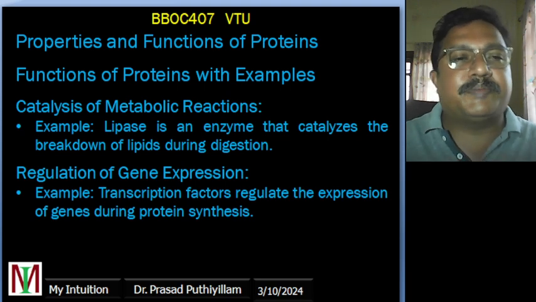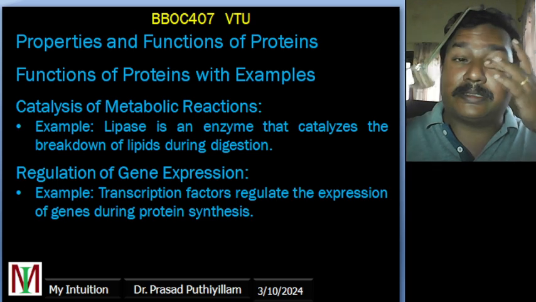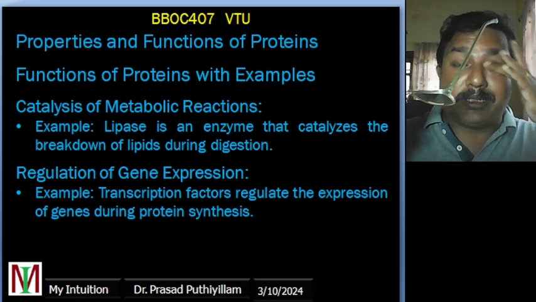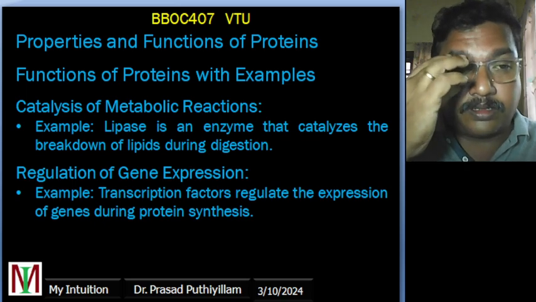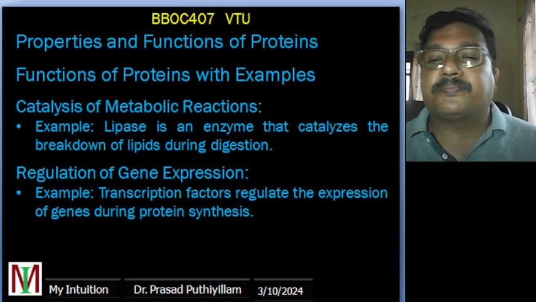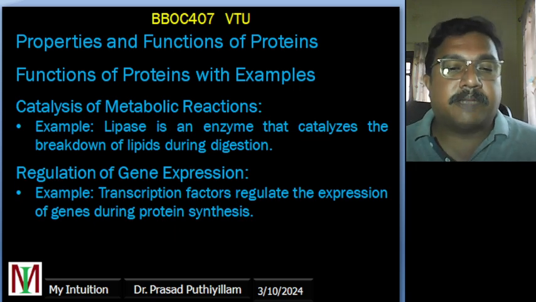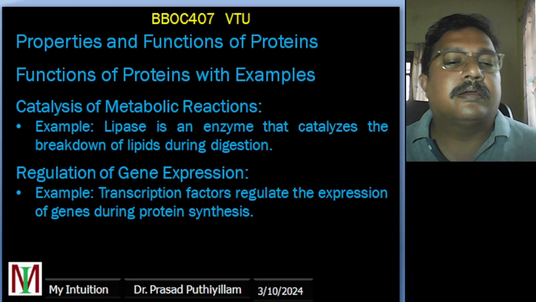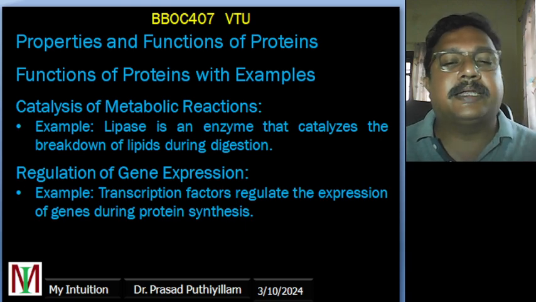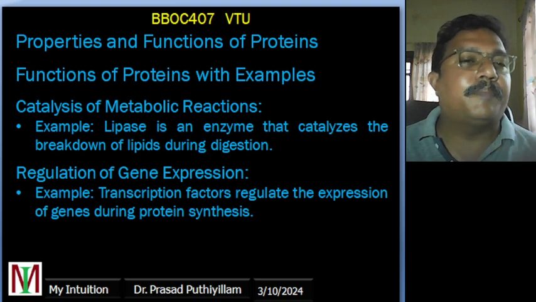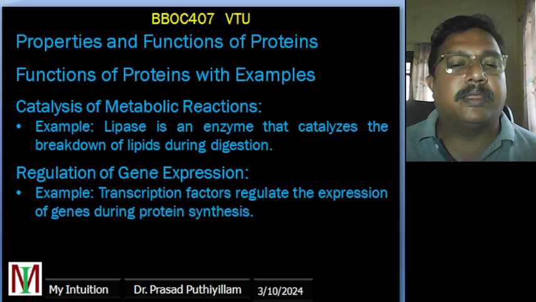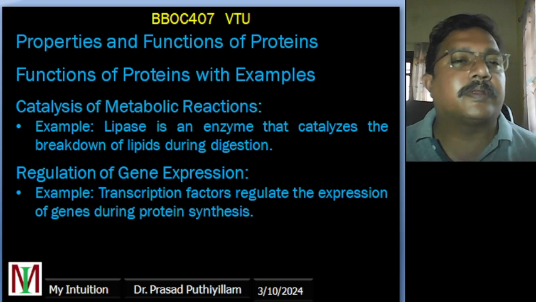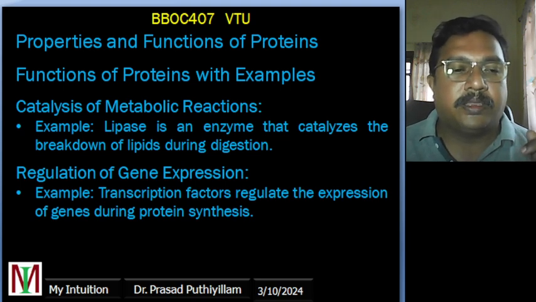They speed up the biological chemical reactions without participating in them. An example given is lipase, an enzyme in our digestive juice. Lipase acts as a catalyst, accelerating the breakdown of lipids into usable components that our body can then utilize for energy or for cell building.